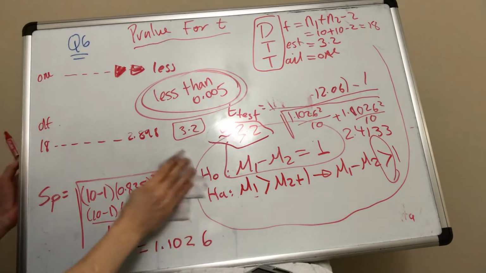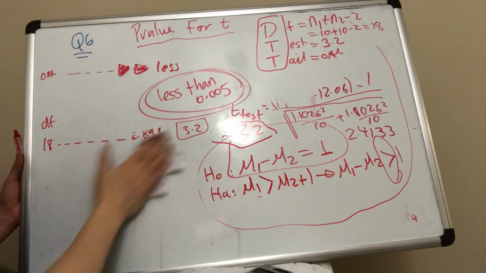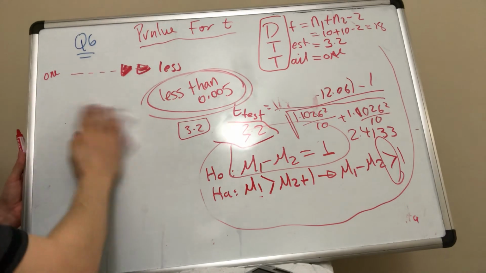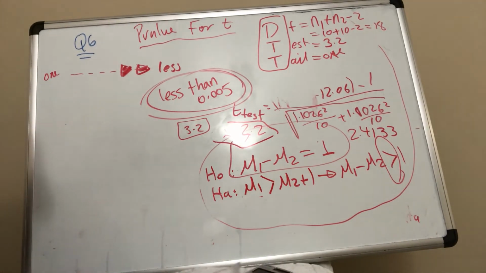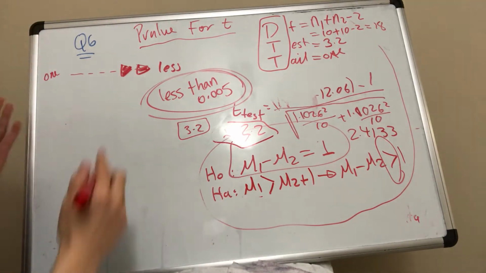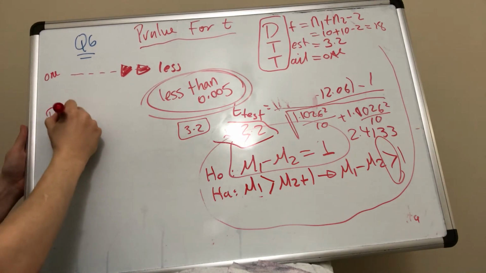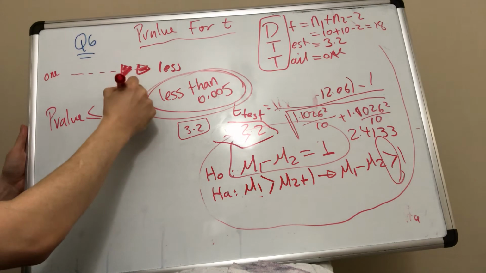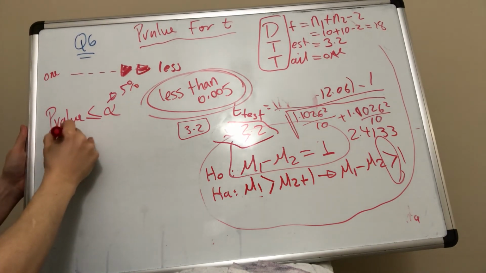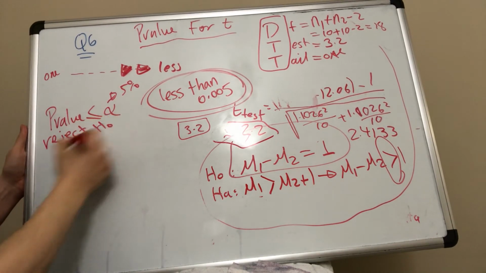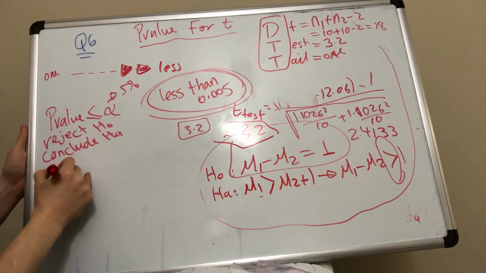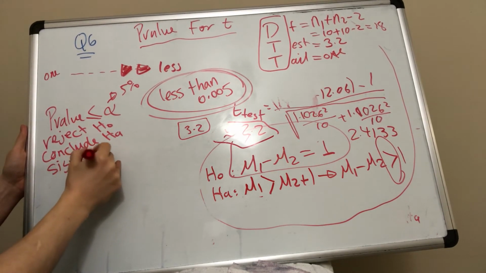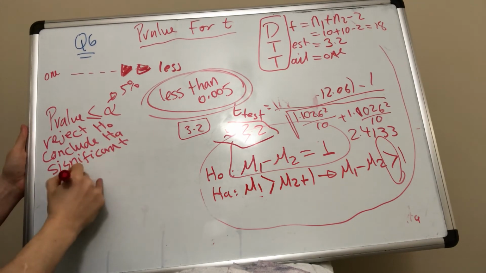So now you're ready to make a conclusion. If I'm less than 0.005, that means my p-value is very small. P-value is less than alpha. So we're going to reject H0. We're going to conclude HA. Anytime you conclude, then we have significant results.